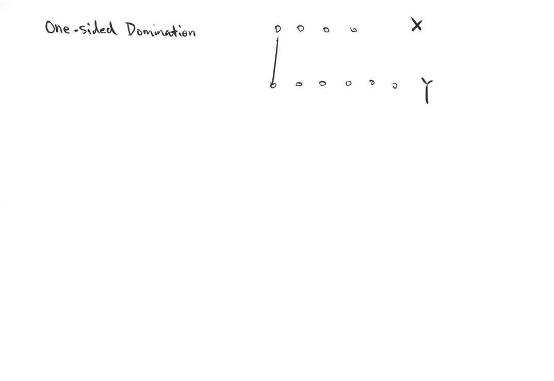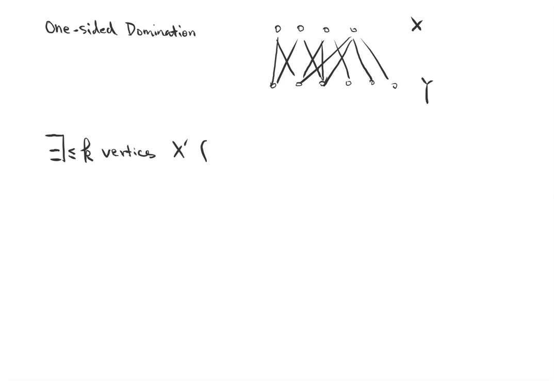All edges are these type of cross edges. So that's a bipartite graph. The question is, can we find at most k vertices on one side such that every vertex on the Y side has at least one neighbor inside X?